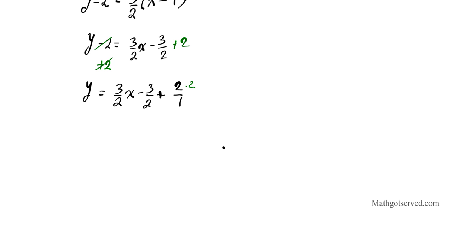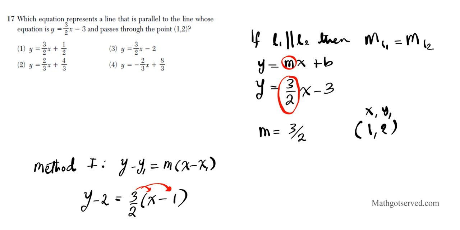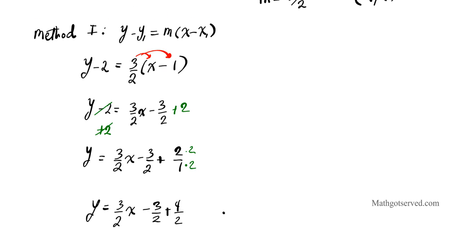So you times this by 2 top and bottom. And then that yields y equals 3 over 2x minus 3 over 2 plus 4 over 2. Final answer is y equals 3 over 2x plus 1 half. Okay, so there goes the answer. So the answer is option number 1. Okay, so that's method 1 using the point slope form.